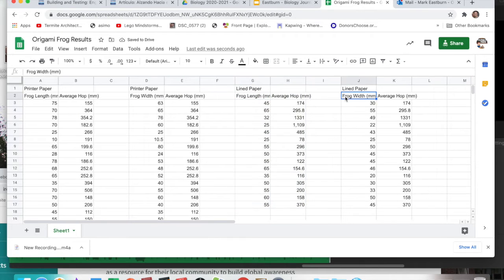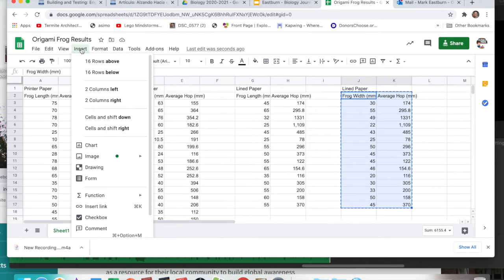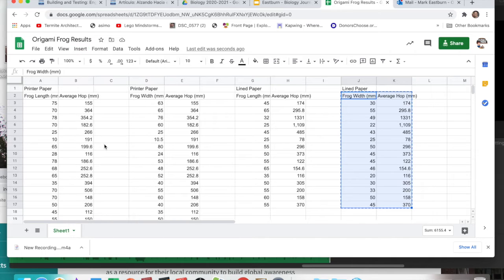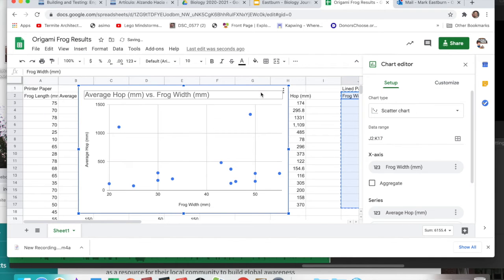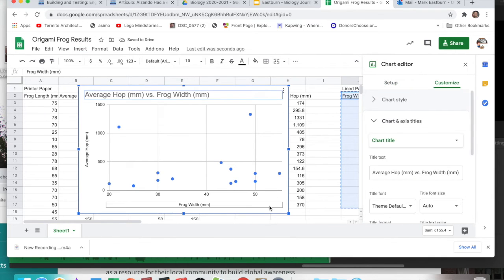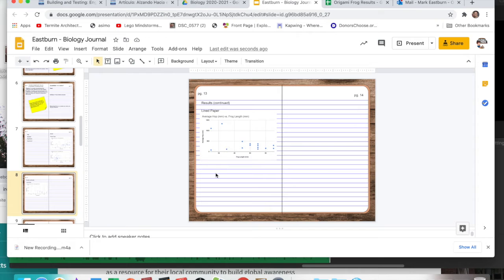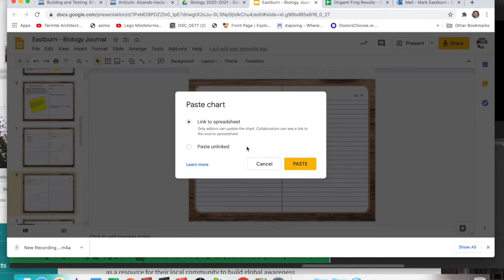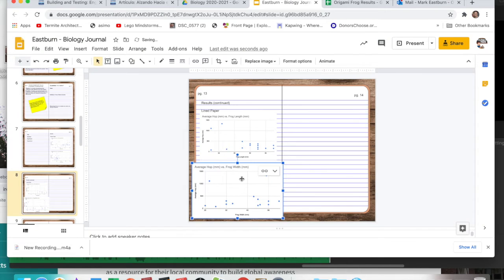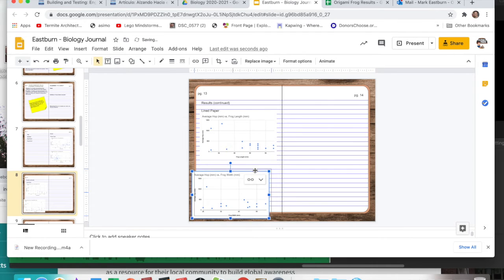We're looking at frog width again. Okay. And I will move this over to my notebook. There we go. They should all fit. Hopefully they do.